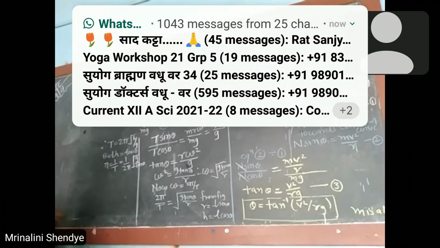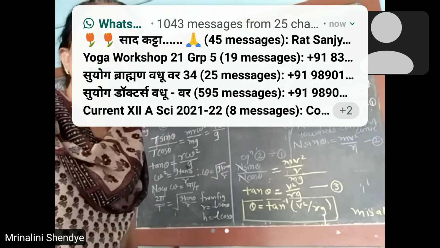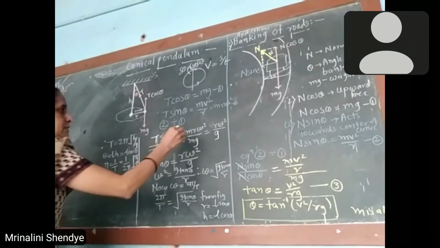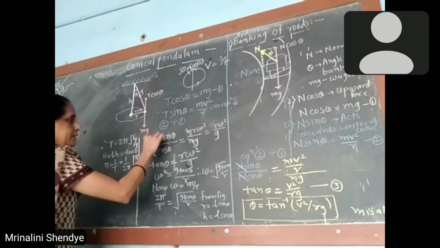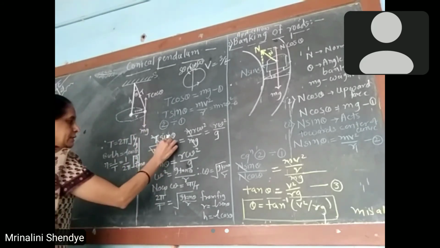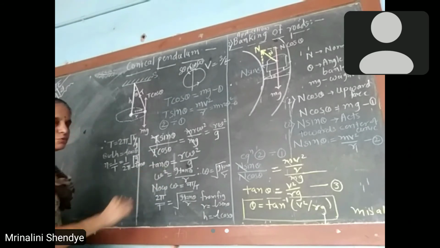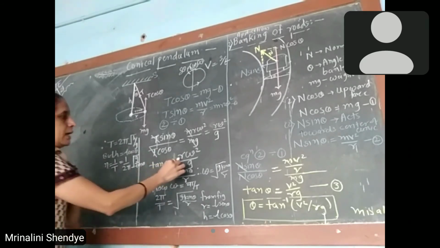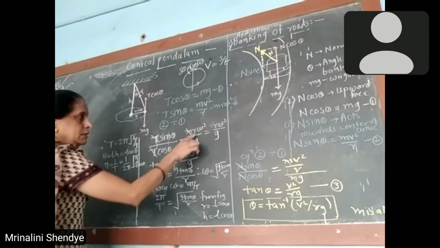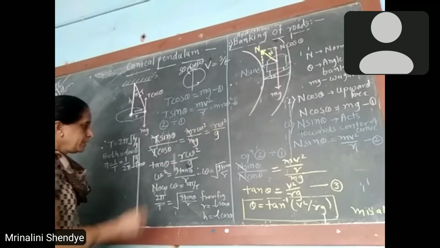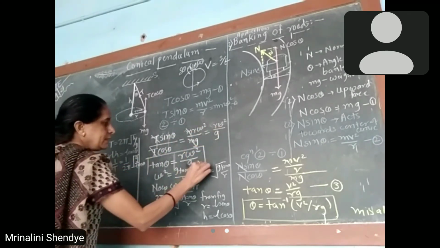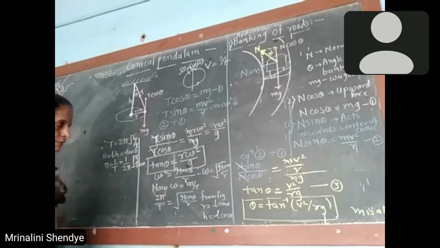Here m gets cancelled and T gets cancelled. Sin theta upon cos theta is tan theta, and r omega square upon g is left over. So tan theta is equal to r omega square upon g.